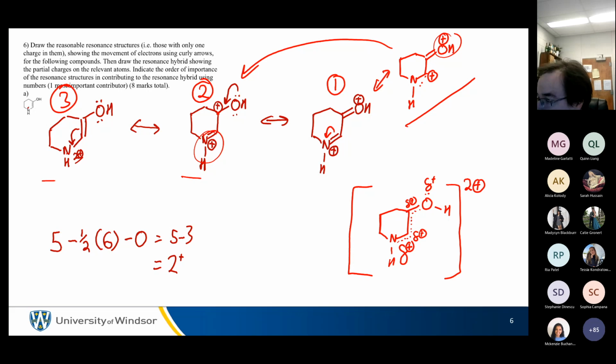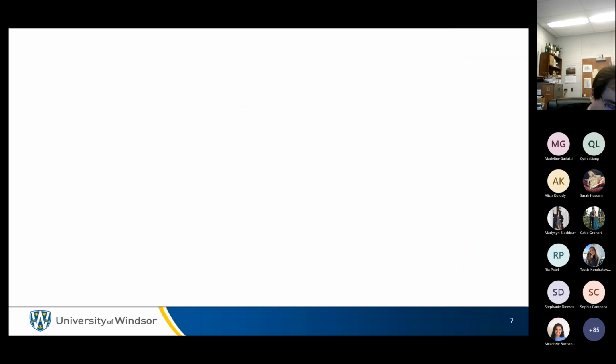So Alyssa said, isn't it bad to have a positive charge on oxygen? Wouldn't you rather it be on carbon? Which is a great question. I'm really glad you asked, Alyssa. Let's take a look at 2 different types of positive charge.